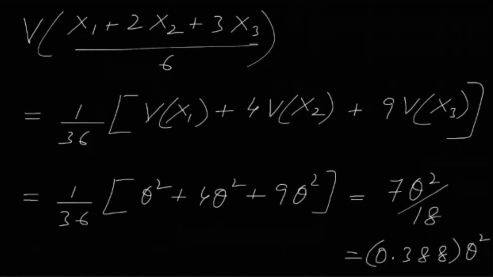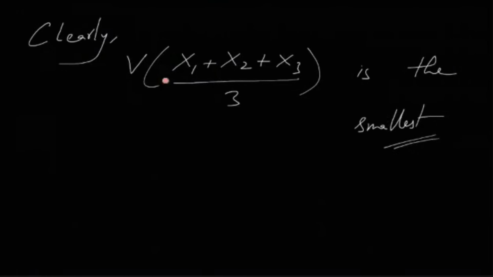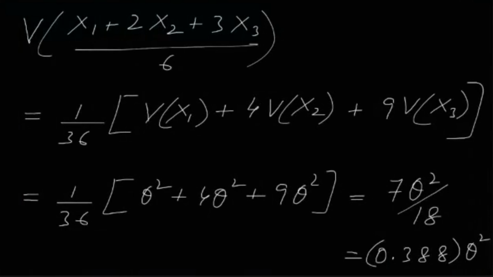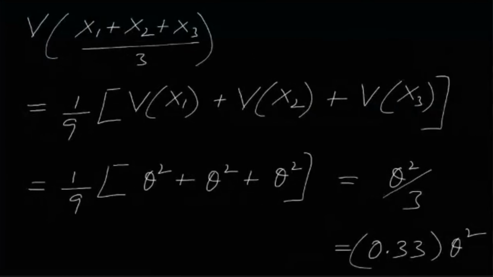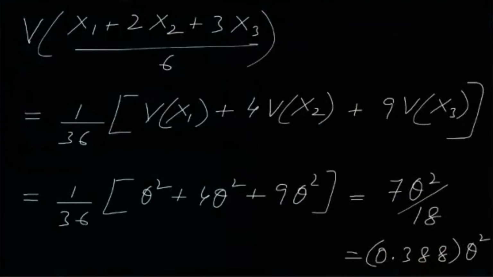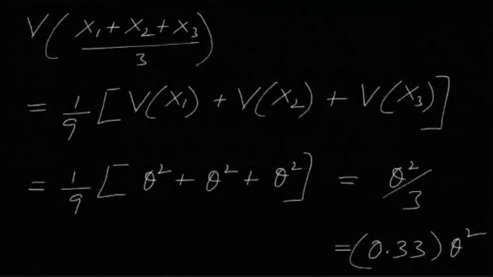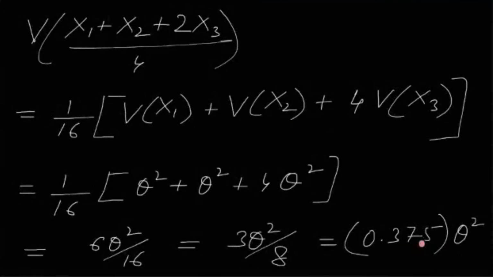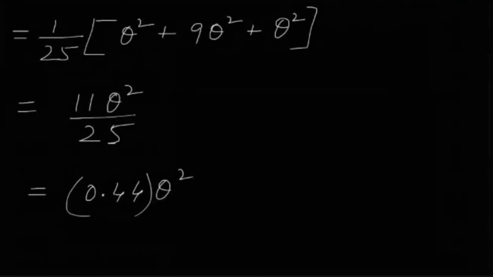Now, clearly the variance of the third expression is the smallest. Why? Because the theta squares are the same; the coefficients of theta square are the ones that change. So 0.33 is the smallest, because here it's 0.388, which is greater than 0.33, and similarly here it is 0.375, which is also greater than 0.33, and here 0.44, which is also greater than 0.33.